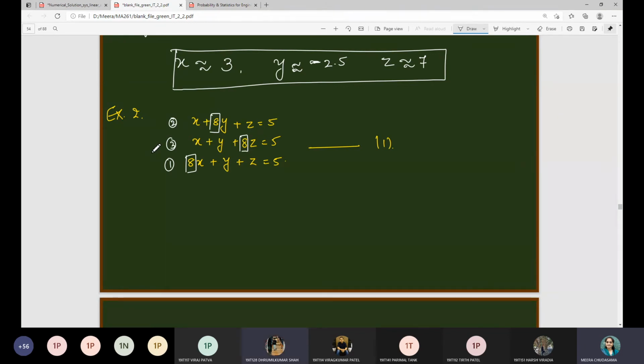X1 0.625. X1 is, just wait, X1 is 0.625. It is correct.